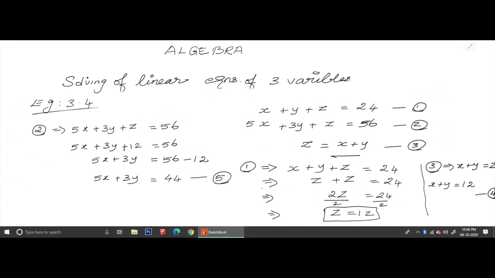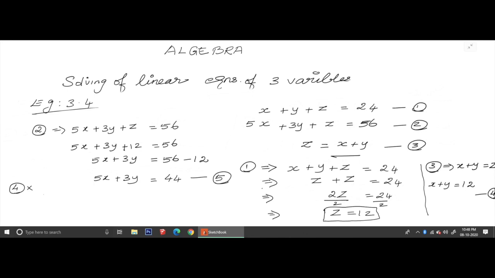Okay. And now this fourth equation, I am multiplying that by 3. I want to eliminate y. So here the y coefficient is 3. So I am multiplying the fourth equation by 3.